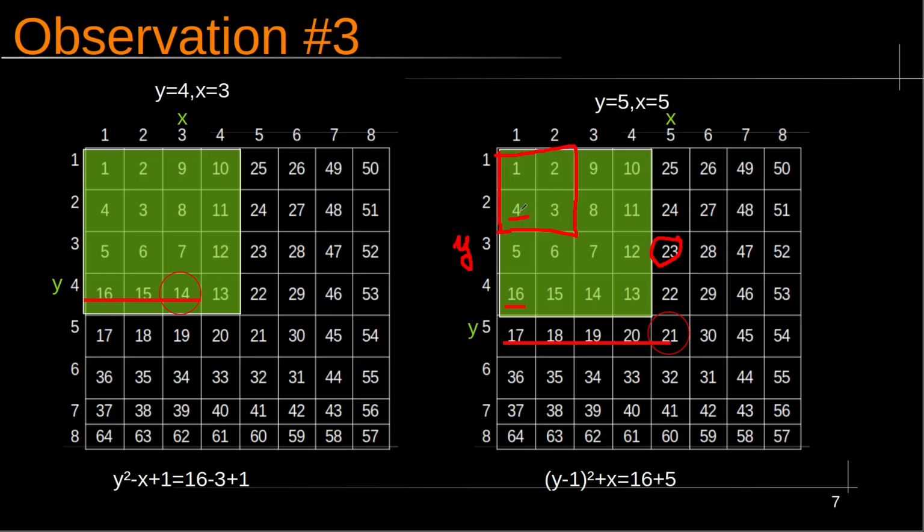4 plus 1, 4 plus 2, 4 plus 3, 4 plus 4, so as you see here, the relationship is broken. So for y less than x, this formula doesn't work.